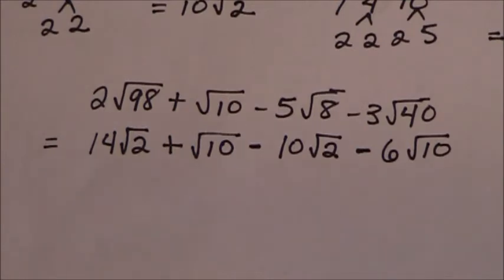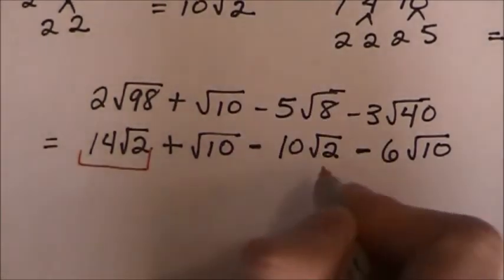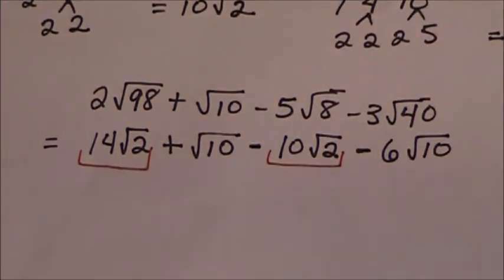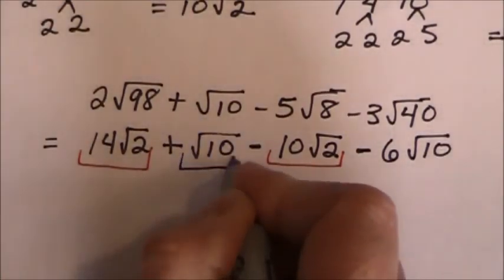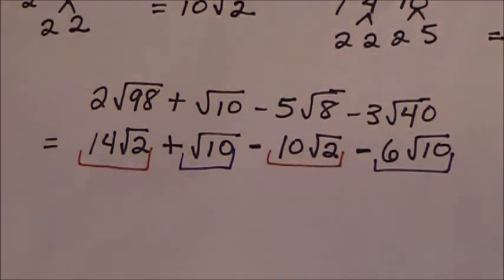So there is the exact same question now with the simplified radicals. As we go to look at this, we can add and subtract like radicals. So we have these two. They both have a square root of 2 in them. And then we have these two that both have the square root of 10 with them. Now, as we think about our numbers, the sign goes with the number directly behind it.